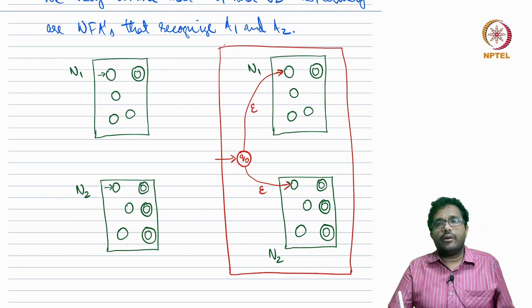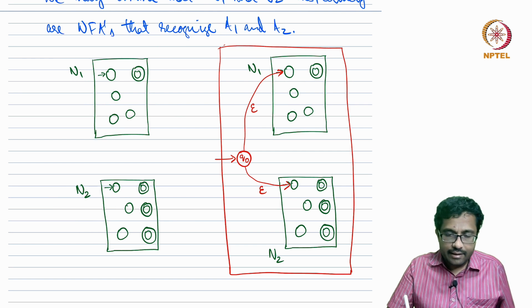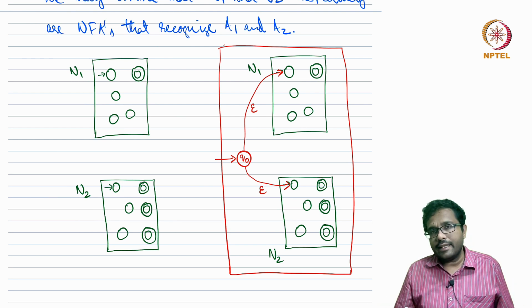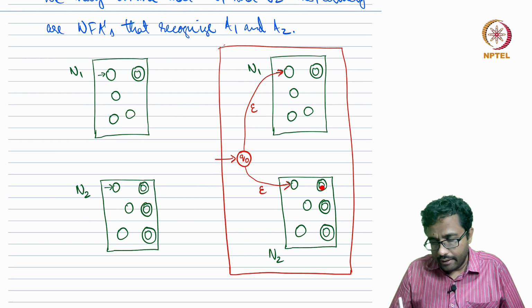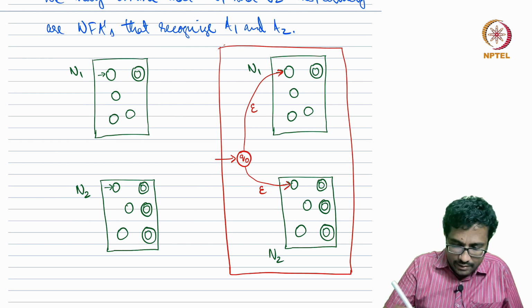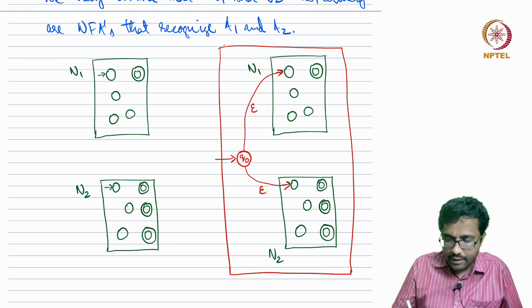The only way to get acceptance inside N1 is if you entered the accepting state. So that is when the string is a member of A1, and similarly the only way to get accepted through an accepting state of N2 is if the string is a member of A2. So the start state is the new state Q0.